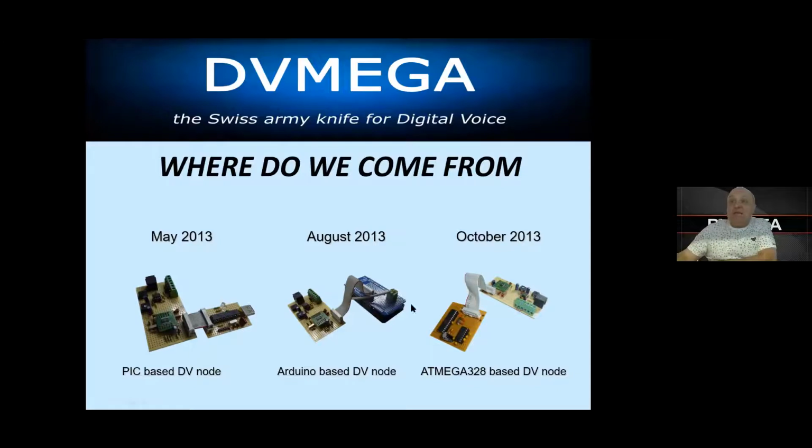And there are no such nice boards to play with based on a PIC as Arduino has. So I moved in August from the PIC-based to Arduino-based. For the people that know, that's an Arduino Mega underneath this one. And later on, I moved that one to an Arduino Uno, a DVMEGA 328 based board.